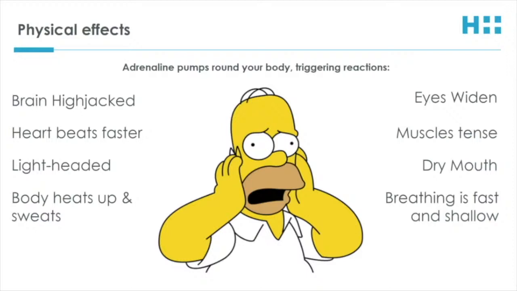That feeling of butterflies in your stomach, or your stomach churning, or maybe feeling nauseous, is actually all your muscles suddenly relaxing because they're not needed. Because they relax so much, you also might have a sudden urge to go to the toilet. So we can see that there are loads of different reactions happening in the body, and this all happens so suddenly you won't even realise it's happening.